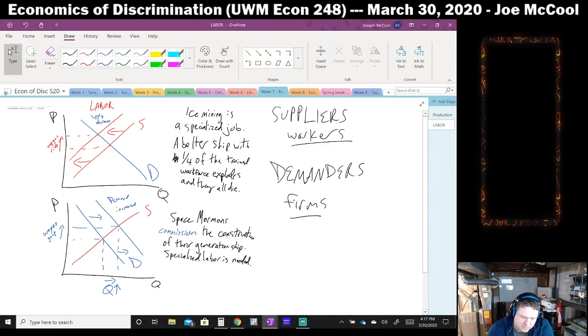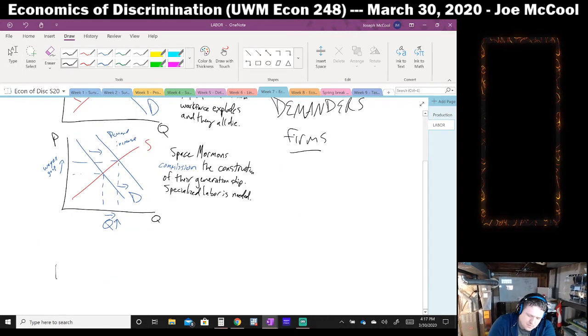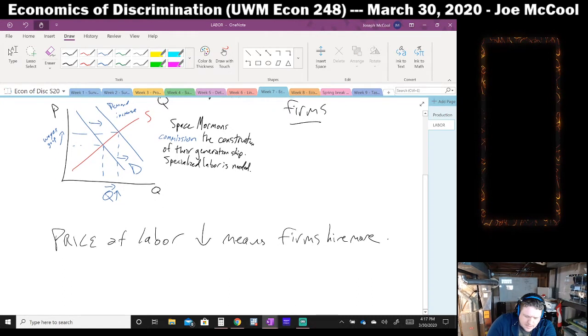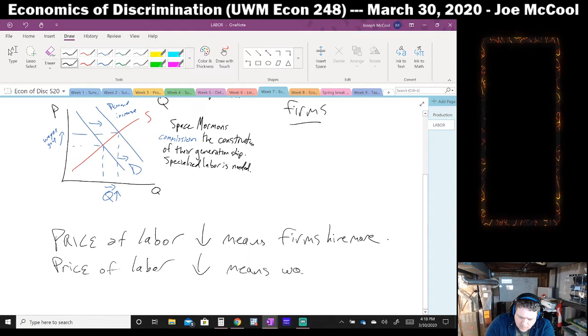demand here is that as the price of labor goes down, means firms will hire more workers. And if the price of labor goes down, it means workers don't want to work more, or workers work less, workers supply less.